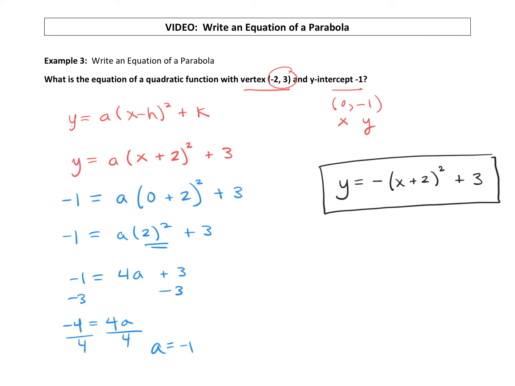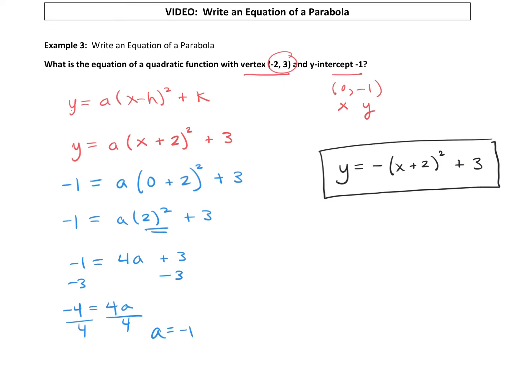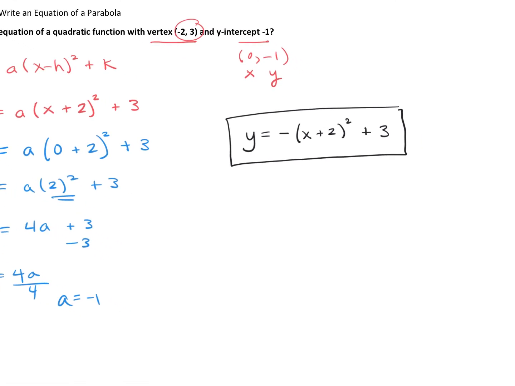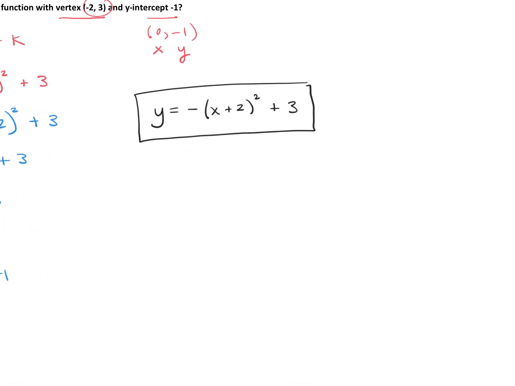So one thing I want to show you, just so we see it a couple more times, is how can we take that vertex form and write it in the other form that we were given, y equals ax squared plus bx plus c.